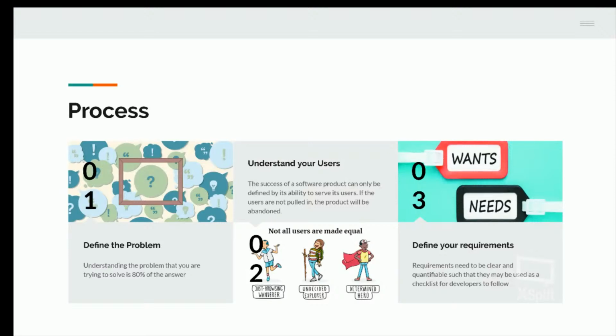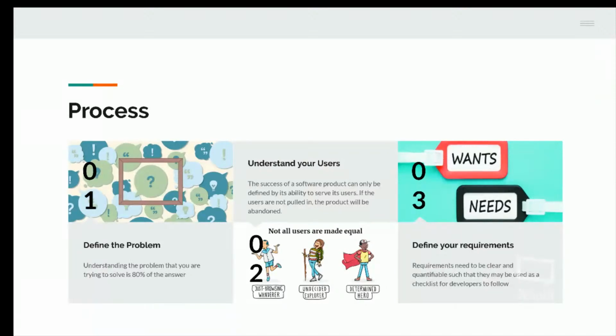Number three in the process is defining your requirements. When you go ahead and want to design software or build software, you need to be very aware of what your requirements are. If you are unaware of the requirements, or if you have unclear requirements, what you're going to get is one of two things.